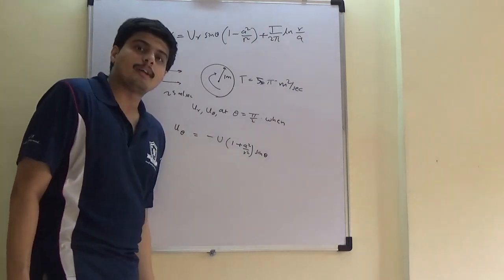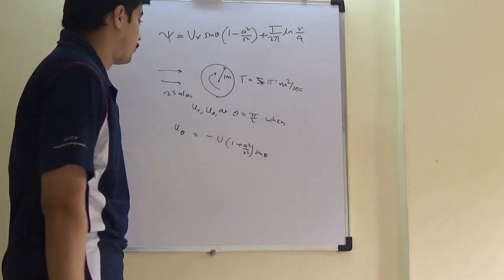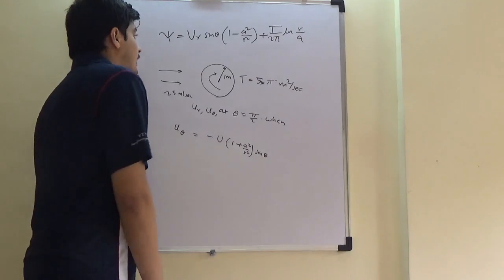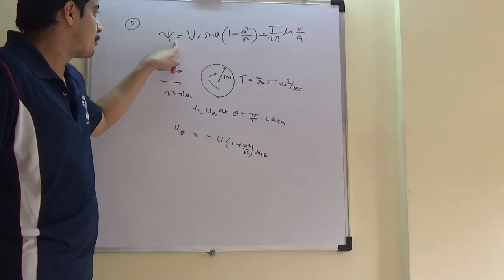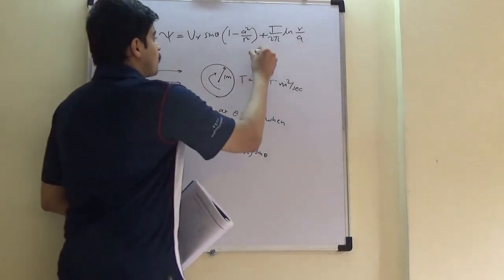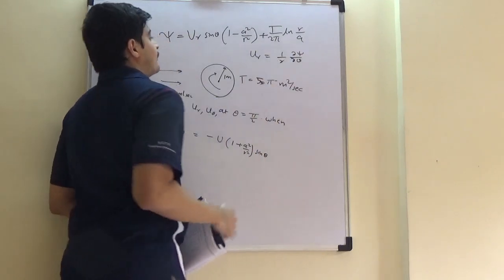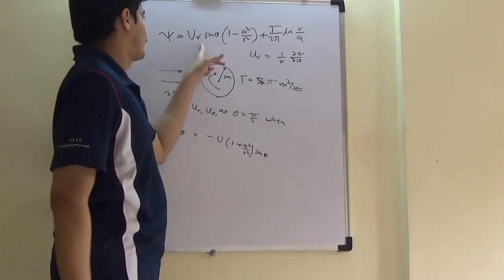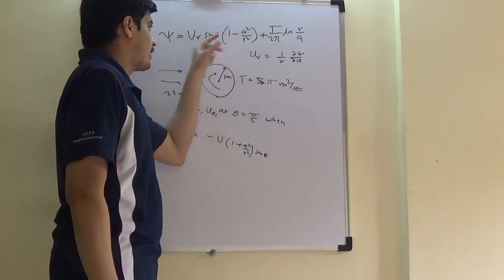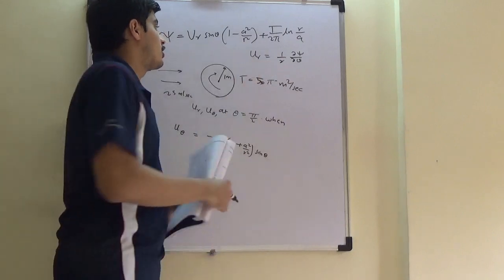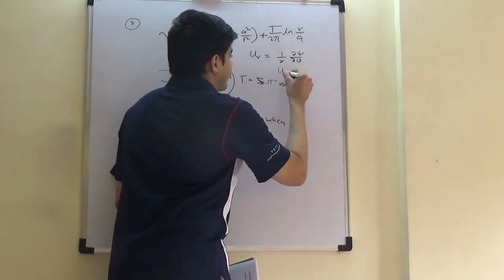We had 1 upon r del psi by del theta and del psi by del r, both the components. The del theta component, cos theta, 1 upon r from the psi, produced UR. I am going back to the theory. What did this produce? It produced U times 1 minus a square upon r square, cos theta, which was UR, which we just set to be 0.